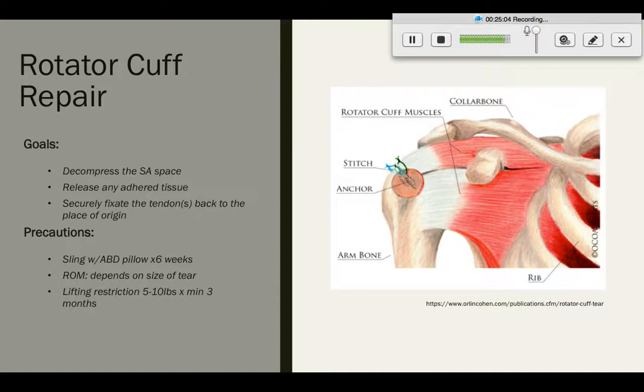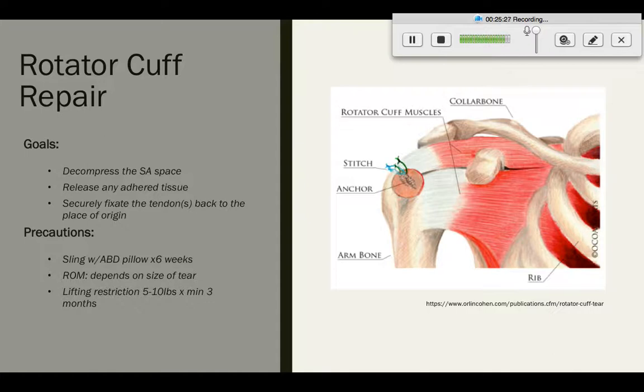So the goal following a rotator cuff repair is to decompress the subacromial space, release any adhered tissue, and then securely fixate the tendons back to their place of origin. Precautions. So a sling with an abduction pillow for roughly 6 weeks, depending on the size of the tear. The range of motion is going to depend on the size of the tear.